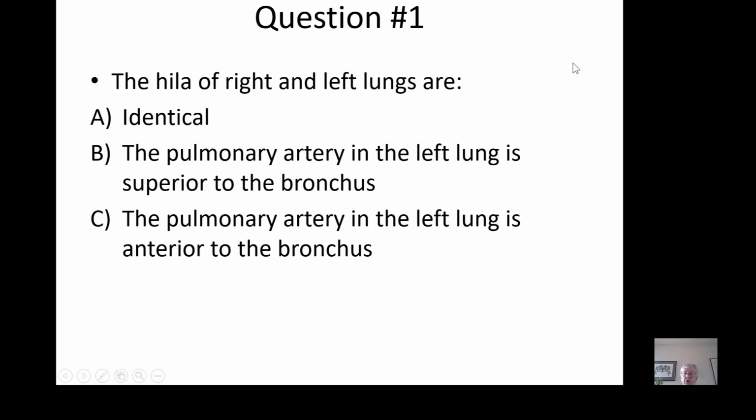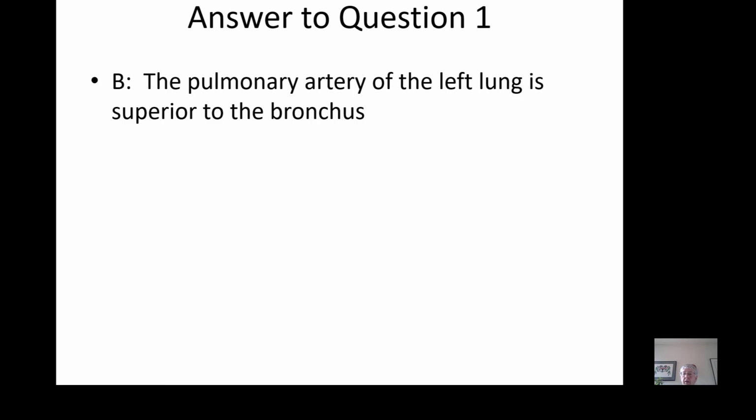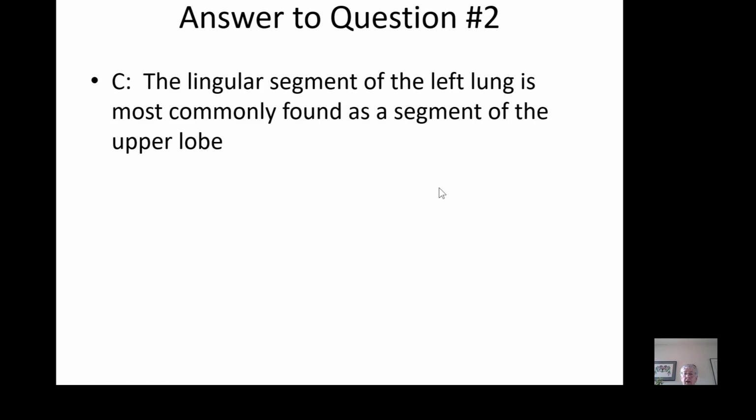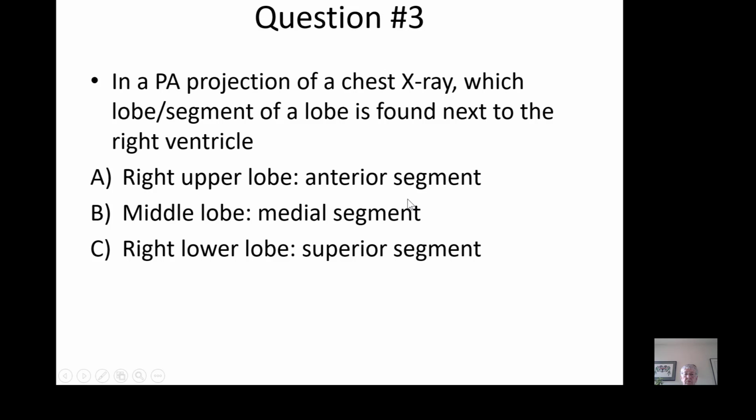These are the questions. Here's question number 1. The answer to question number 1. Question number 2. The answer to question number 2. Question number 3.